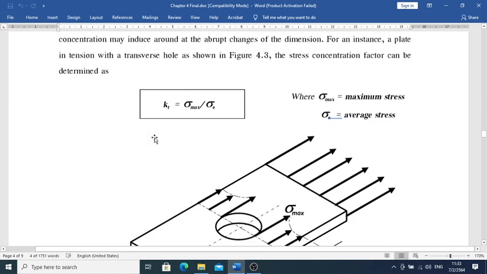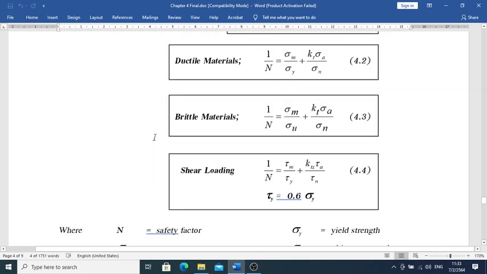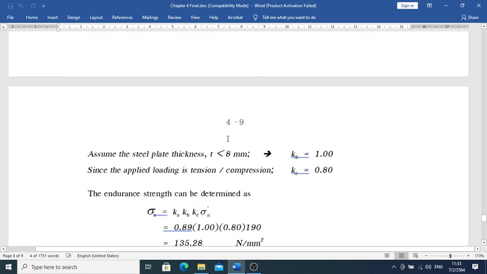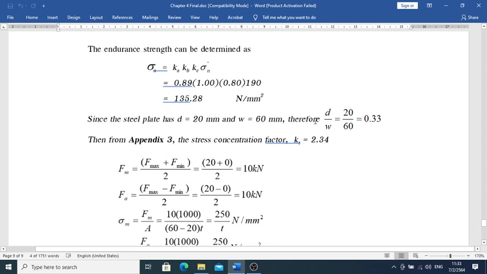And for compression and tension, K_c is 0.8. So that's why I find sigma_n respectively, and then I look up appendix 3, the D_o W graph, and K_t there.